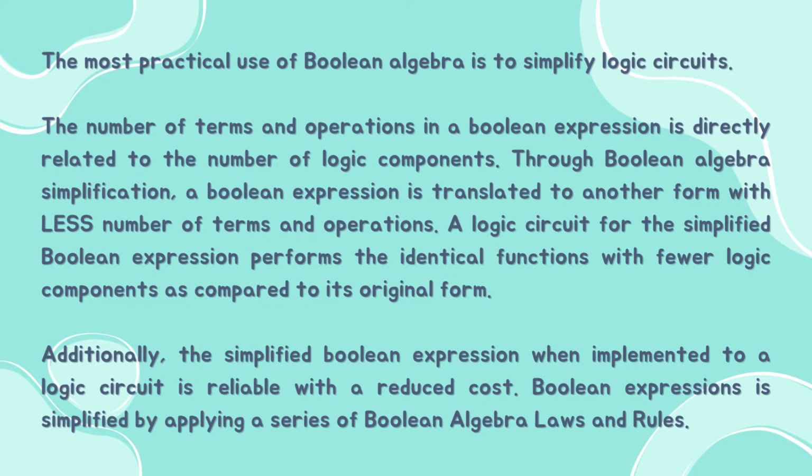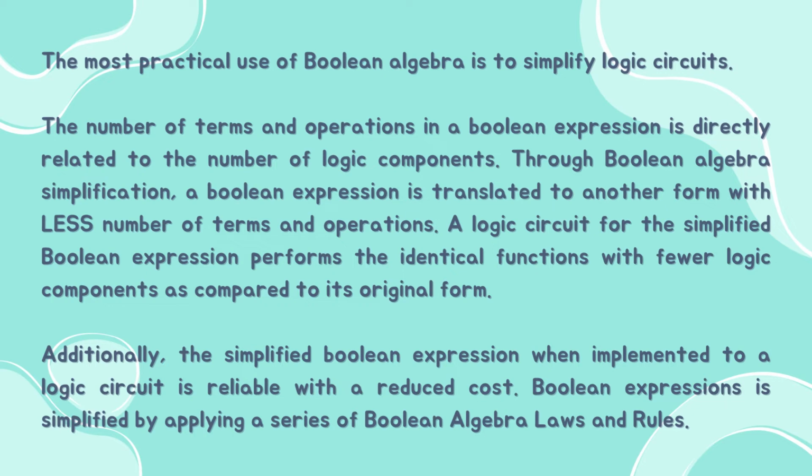A logic circuit for the simplified Boolean expression performs the identical functions with fewer logic components as compared to its original form. Additionally, the simplified Boolean expression when implemented in a logic circuit is reliable with a reduced cost.